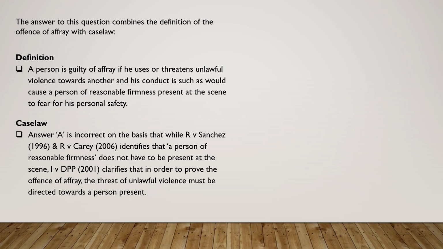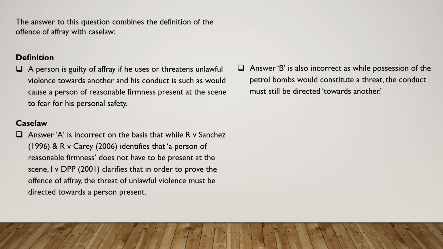So the temptation here is to dive in and say answer A is the correct answer, hence the need to read the question carefully. And answer B is also incorrect, as while possession of the petrol bombs would constitute a threat, the conduct must still be directed towards another.